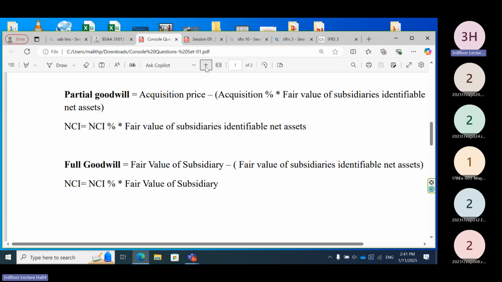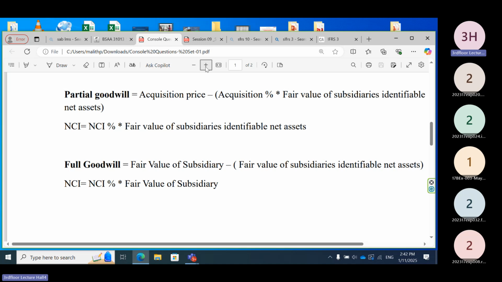Net assets, how much? 500. NCI book value.